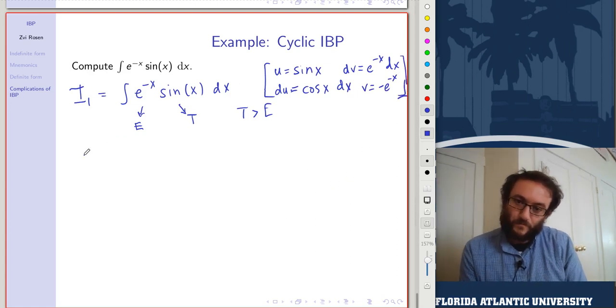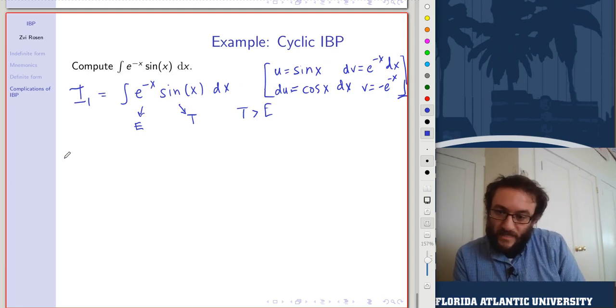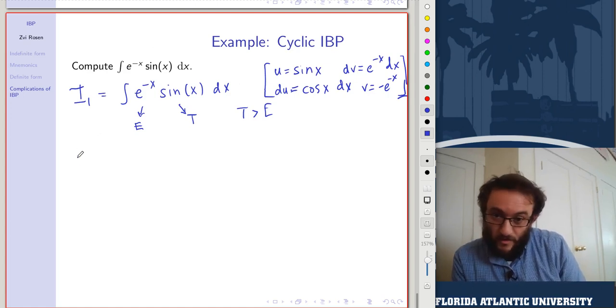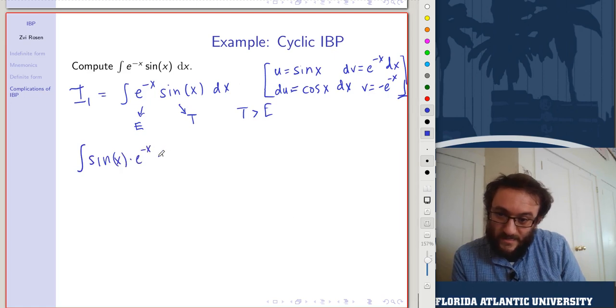Okay. So let's plug this into the indefinite form of integration by parts, because we don't have bounds for this integral. We have the integral of u dv, which is sine x times e to the minus x dx. This is just our I1, so we can even write that over here.